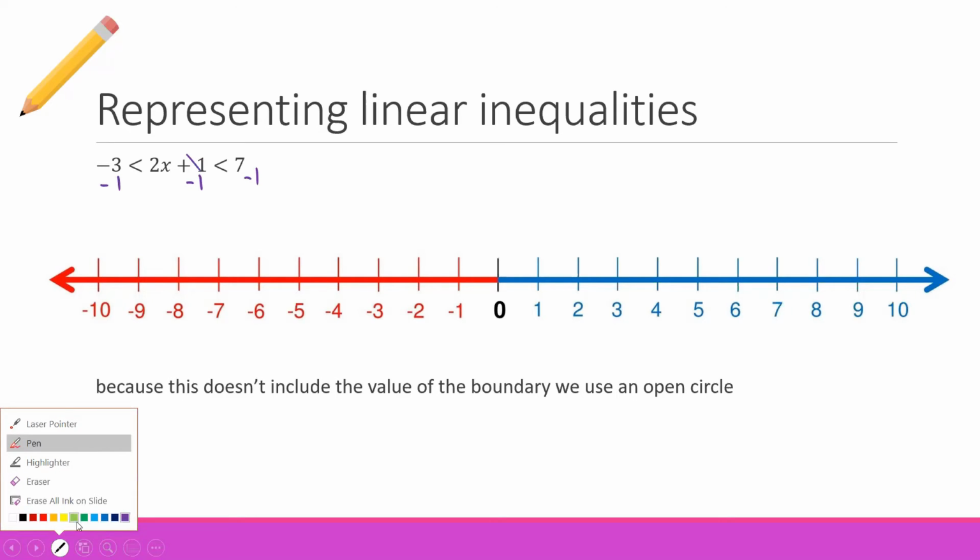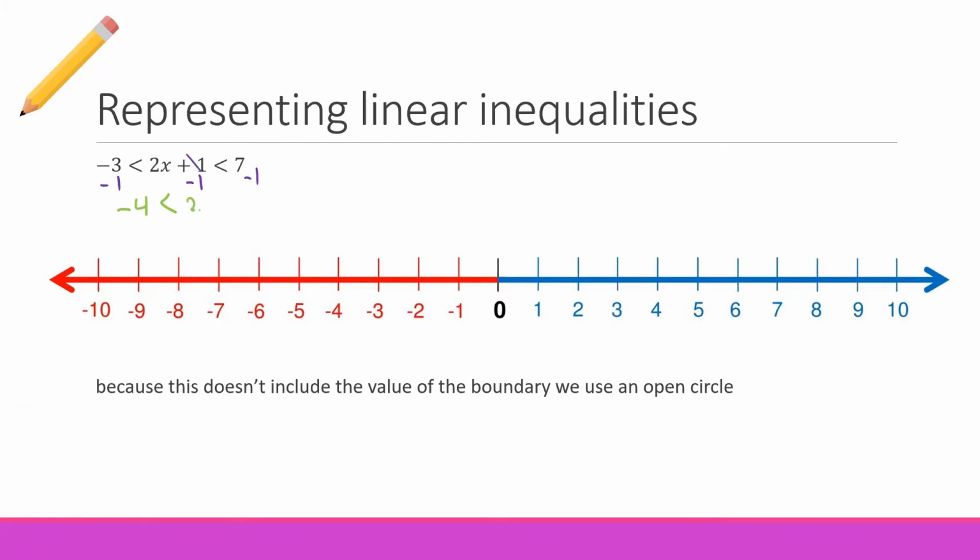That's going to bring our new equation to be -4 is less than 2x is less than 6. And then all I need to do is divide all 3 sides by 2.